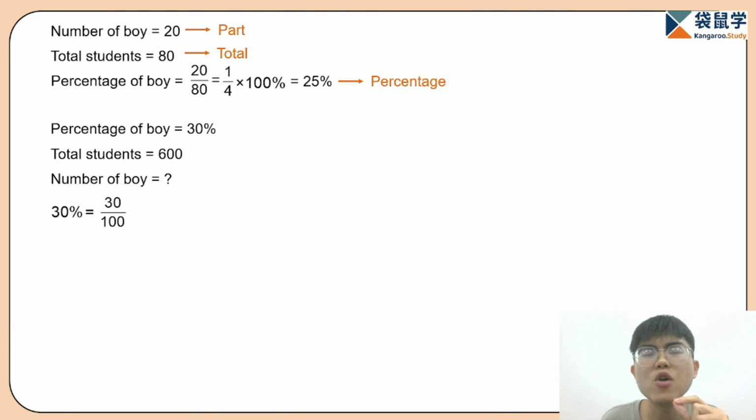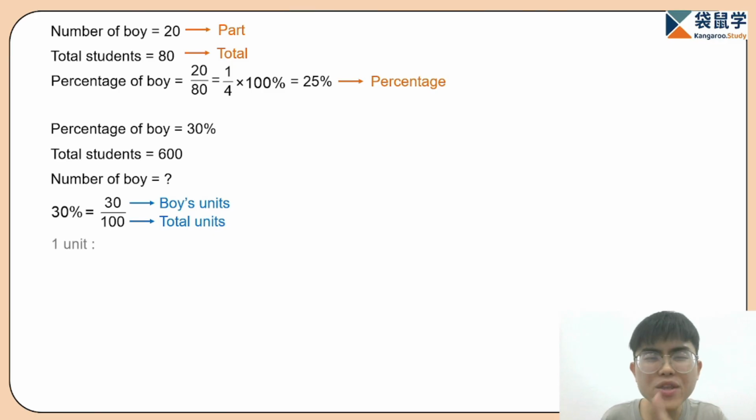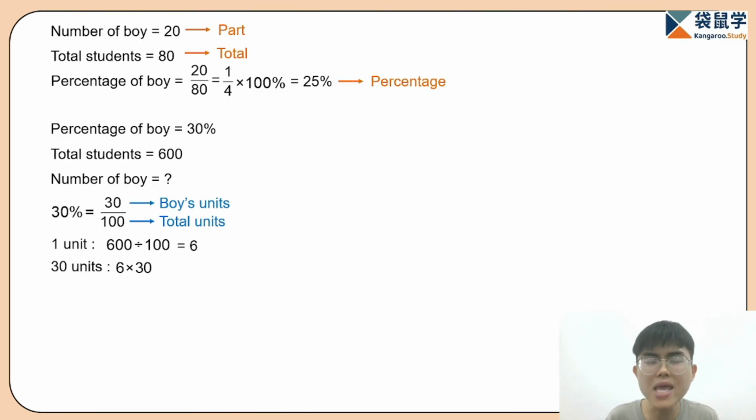The 30 here represents the boys unit, while the 100 here represents the total unit. To find what is 1 unit, since we already know that 600 is the total, and the total unit is 100, we can simply use 600 divided by 100, and we will get 6. So the number of boys is 30 units. We can use 6 times 30, and the answer is 180.